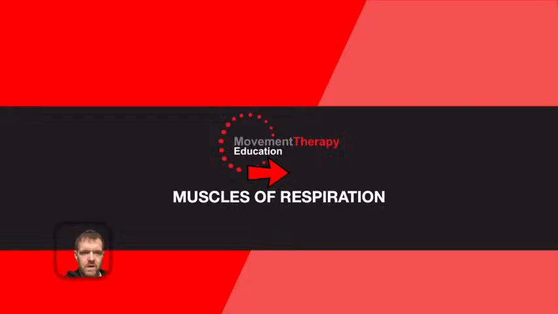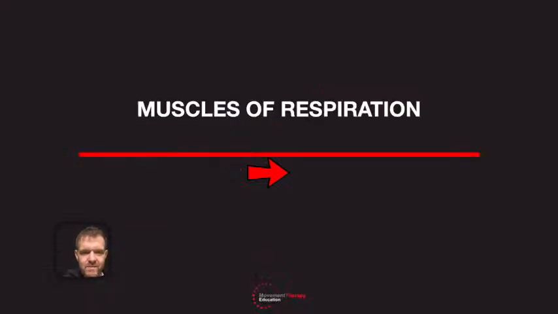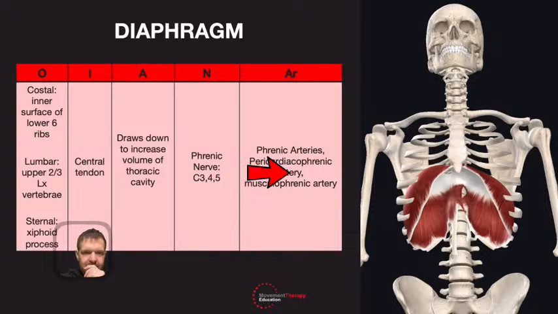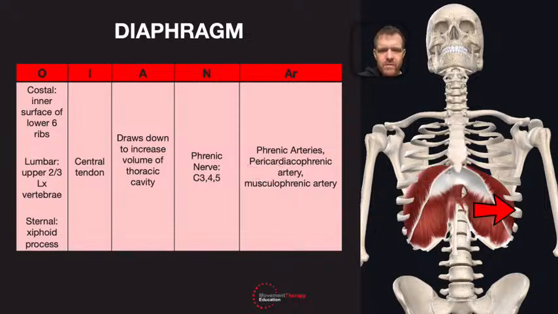So we'll do a whole session on the heart. Love that, because obviously we cover the blood supply and nerve supply for everything, and what better blood supply than having a look at the heart. So a muscle that everybody seems to be obsessed with, the diaphragm. We're going to have a real good look at this one.